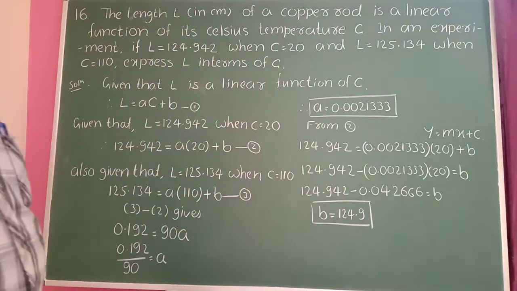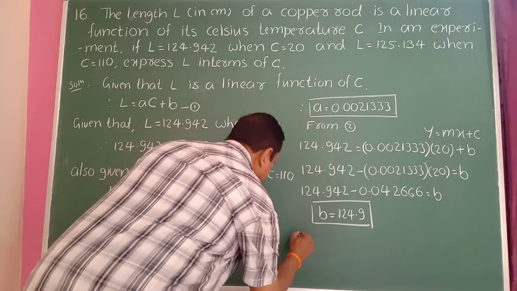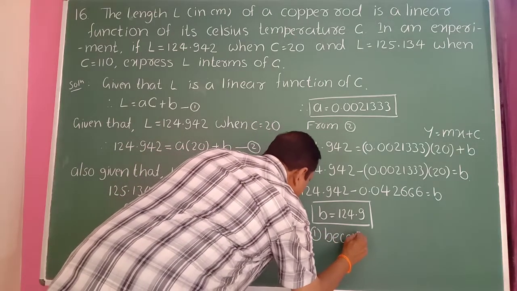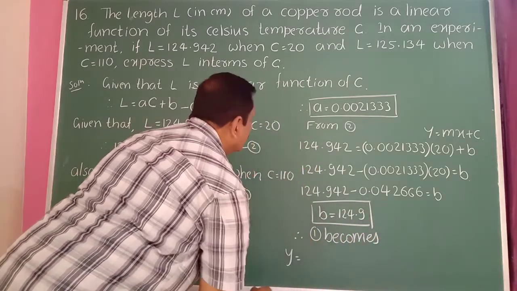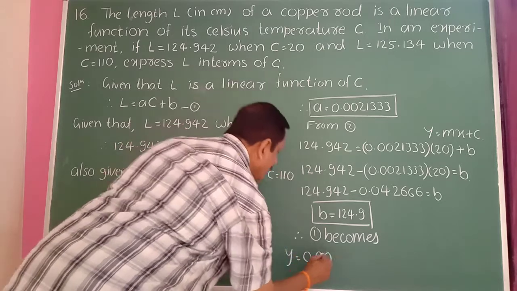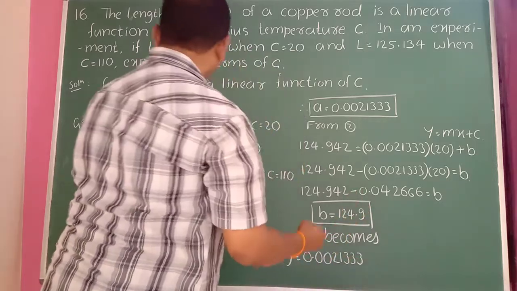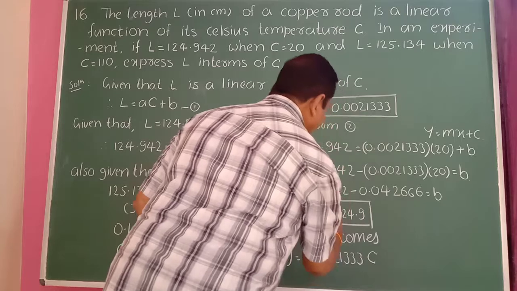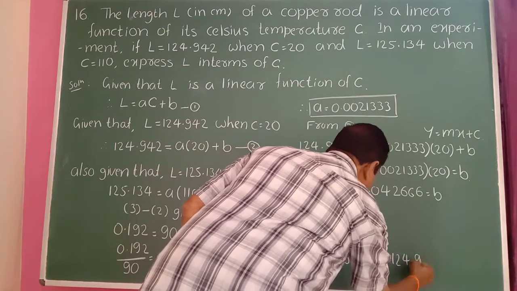So use A and B values in equation 1 here. Therefore, equation 1 becomes y is equal to 0.002133 into C, then B value is this one here, so plus 124.9.